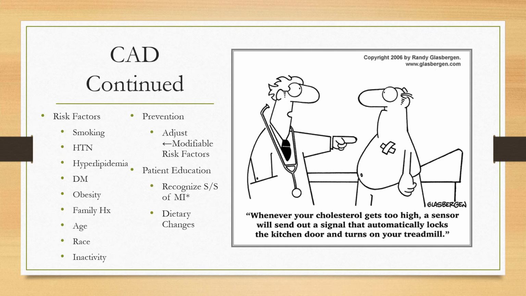Okay, so really the prevention is change the modifiable risk factors, right? Smoking is modifiable, hypertension is treatable, hyperlipidemia is treatable, diabetes is treatable, obesity is treatable, inactivity is treatable. So many of these are modifiable, some of them aren't. Family history, age, race, not modifiable, right? Okay, so let's move on here.